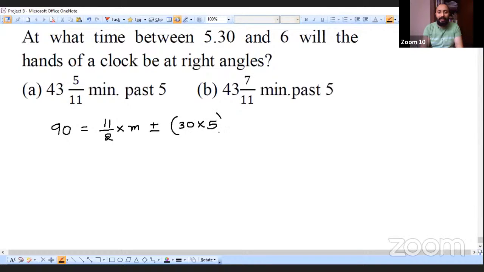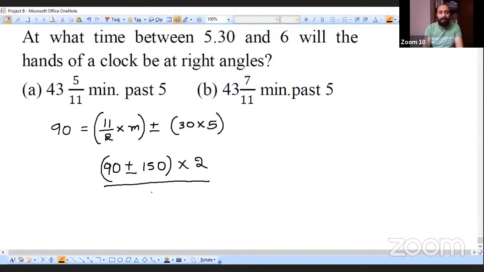I will take directly as 5, that 30 we will not mind much. So 5 threes are 15, plus or minus is there. So it is 90 plus or minus 150, multiplied by 2 whole divided by 11.